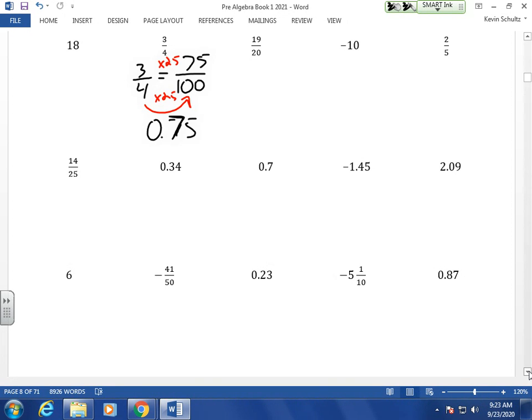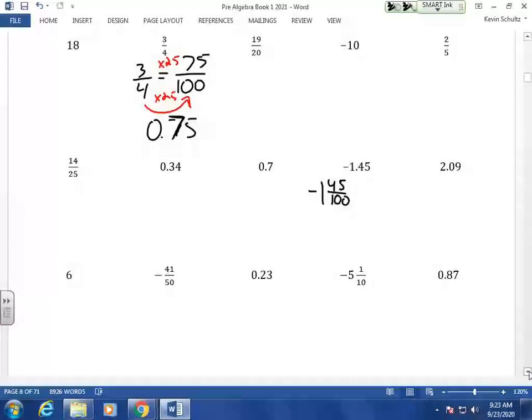How would you read this decimal other than negative 1.45? Use place value here. Yeah. Negative 1 and 45 hundredths. Isn't that exactly how we read a mixed number? You would read that as negative 1 and 45 hundredths.